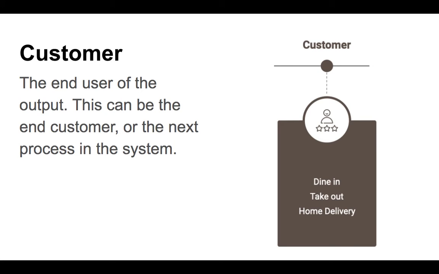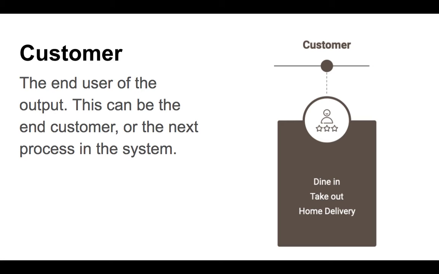Now, here's why: the customer of a process is not always the end customer, the customer who actually buys the product. Sometimes the customer of a process is the next user in the process, the next worker down the line. So if you're a cook who will prepare a meal and puts it under a hot lamp, that's only one part of the process.